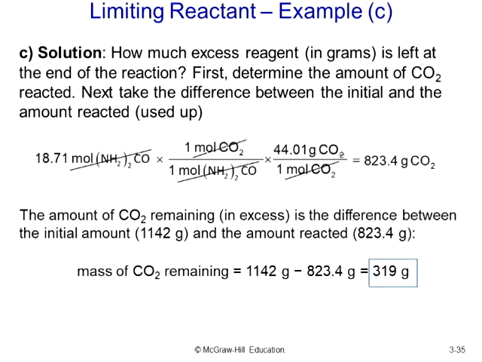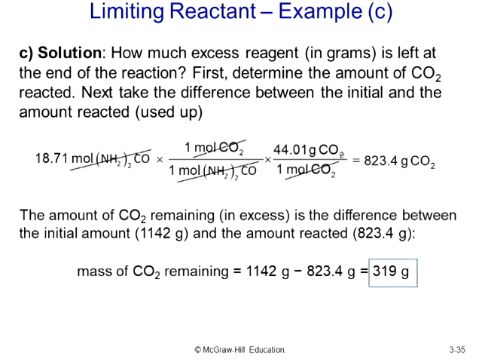So next, we want to determine how much excess reagent is left at the end of the reaction. We do this by first determining the amount of carbon dioxide actually reacted. The amount of carbon dioxide reacted is based upon the limiting reactant.